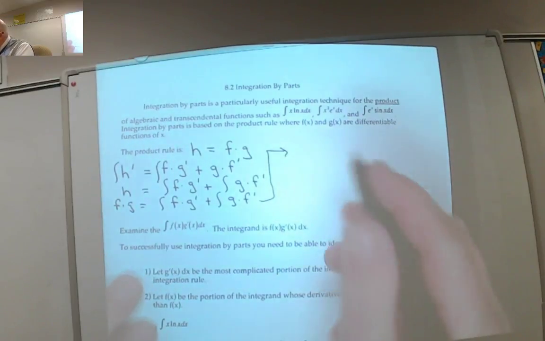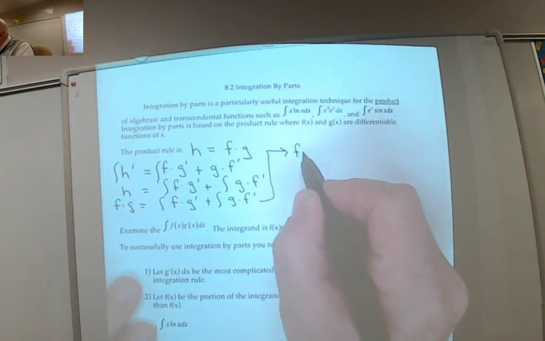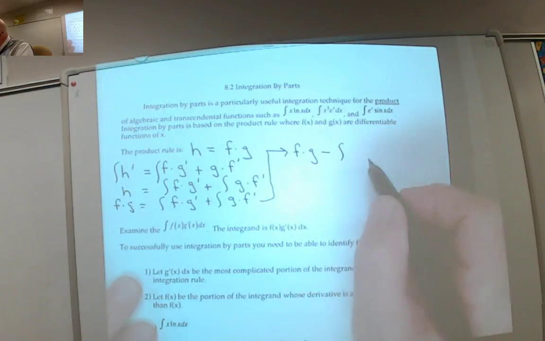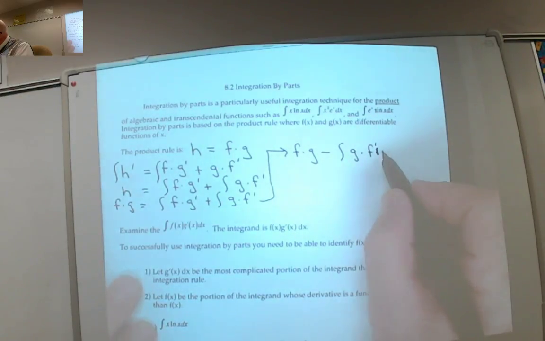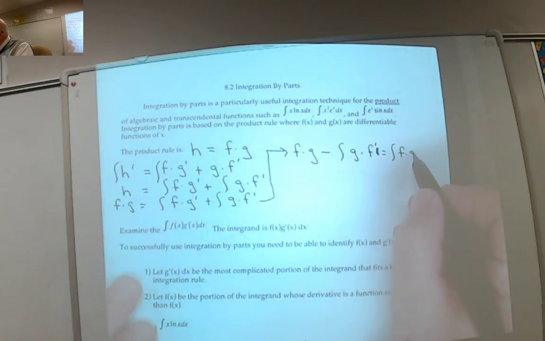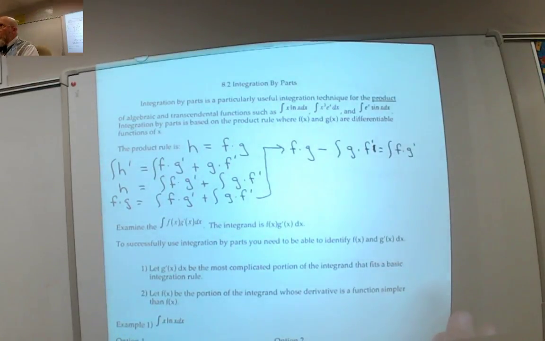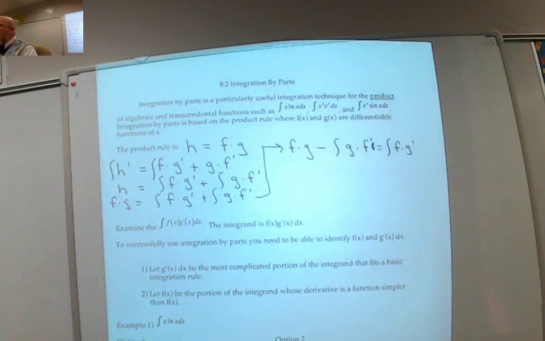So I'm going to have f times g minus the integral of g times f prime is equal to the integral of f times g. A lot of times I want to look at integration by parts as kind of reversing the product rule.